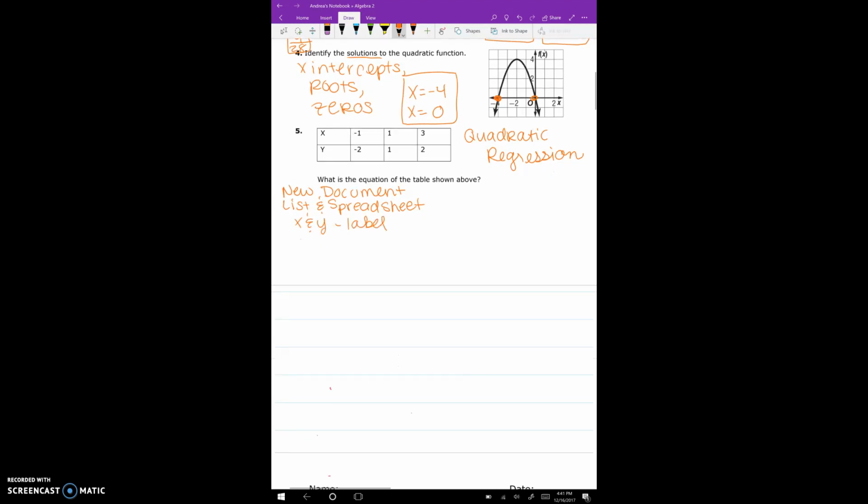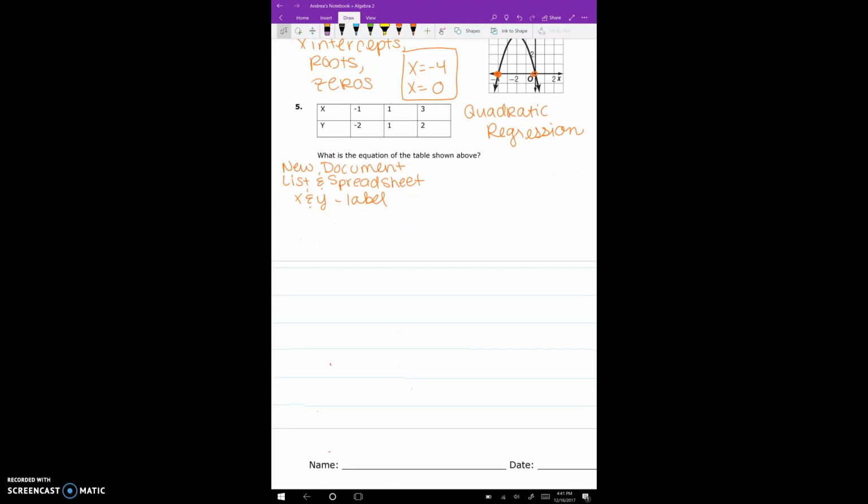And then I'm going to type in my X and Y values. I'll do menu, statistics, stat calculations, and choose quadratic regression.